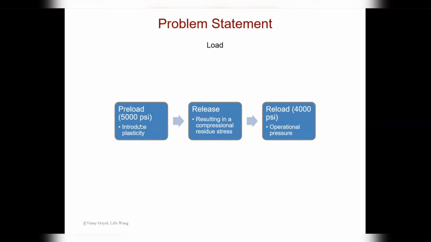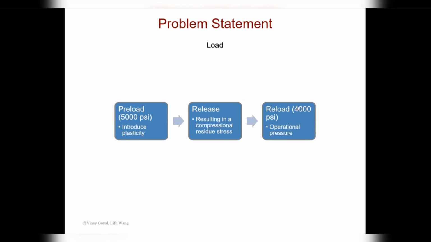loading. So when we manufacture the pipe, we add a preload of 5,000 psi to it. And under this pressure, usually we will introduce plasticity inside the aluminum. And this plasticity, when you release the stress, will result in a compressive residual stress in your whole structure, and that can greatly improve your cyclic loading behavior, or let's say fatigue life.